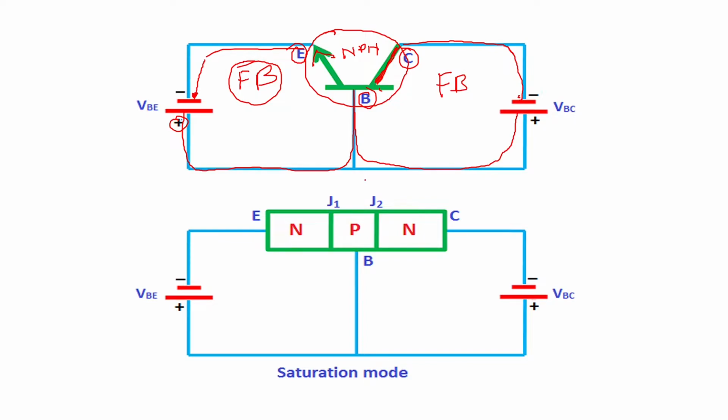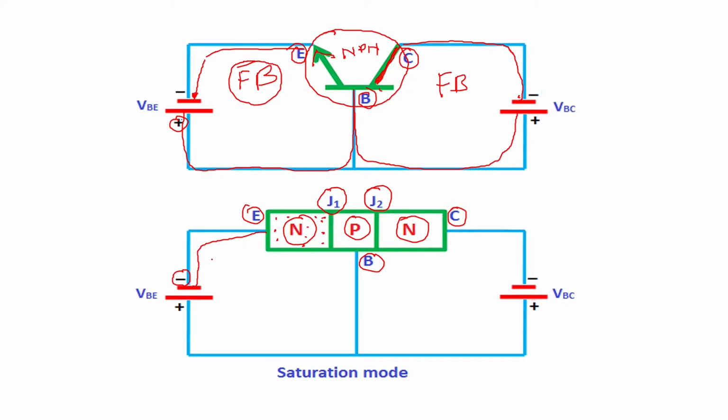So the same circuit, if you see in structural diagram, here you can see your NPN transistor, and this is your emitter, this is base, this is collector terminals, this is your first junction J1, and this is J2. Here this N-type semiconductor has electrons as majority charge carriers, and we know that electrons are negative charge particles, connected to the negative terminal of a battery.